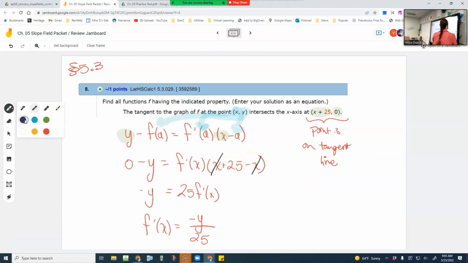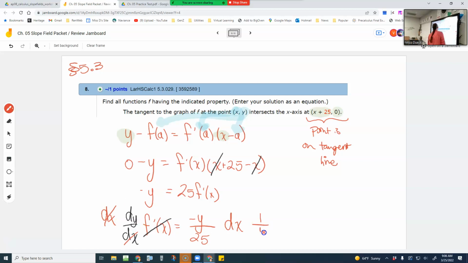Because then what I would do is rewrite this as dy dx, and I could use separation of variables to organize all my information the way that I need it to be. So then I would land at, oh wait, the y goes over here. So 1 over y dy is equal to negative 1 over 25 dx.